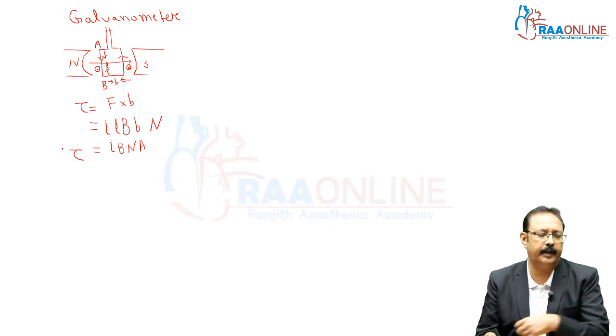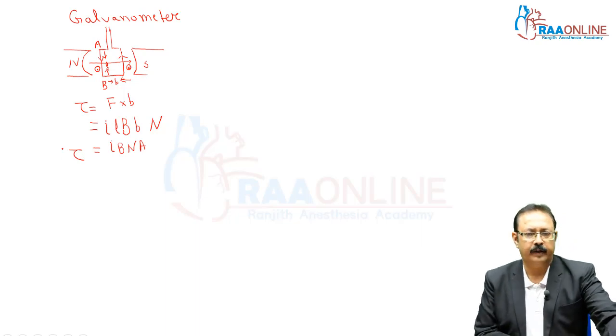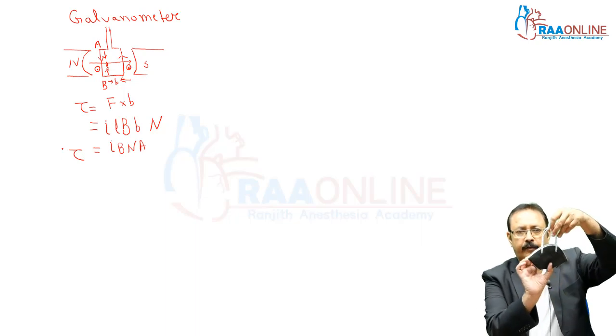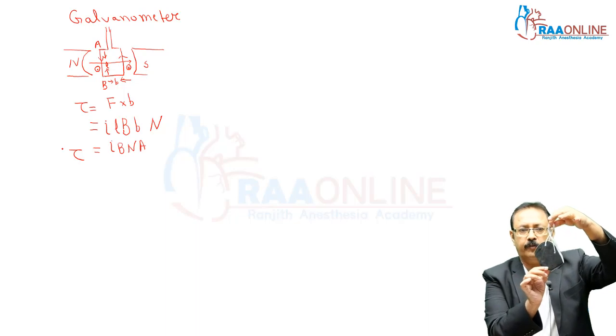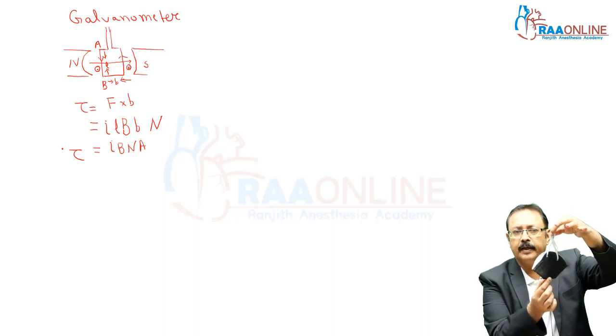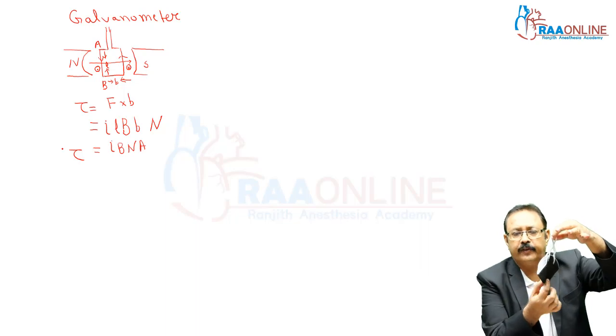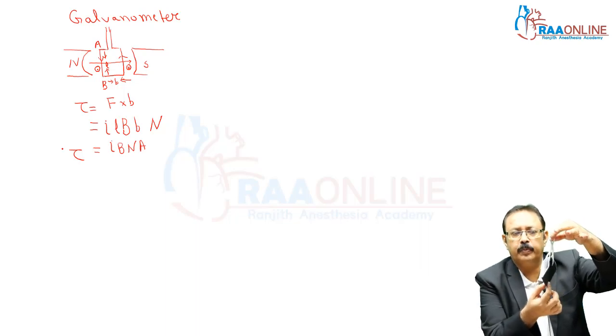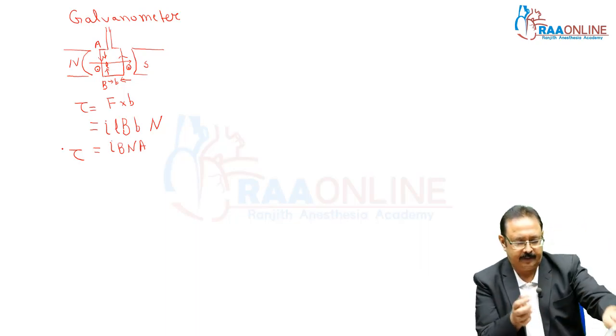But what will happen if there is a twist in the wire with the help of which this coil is held in the magnetic field? One couple will develop in this wire which will try to open the twist like this.